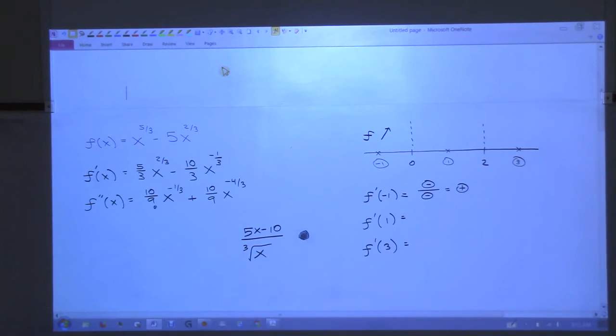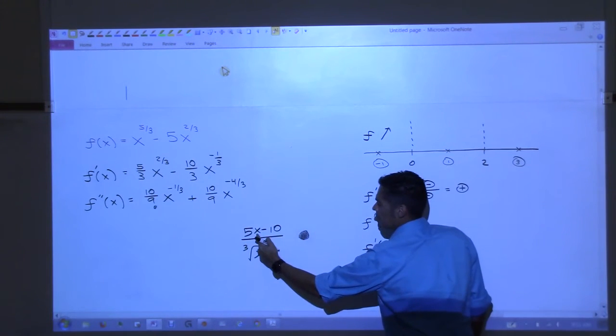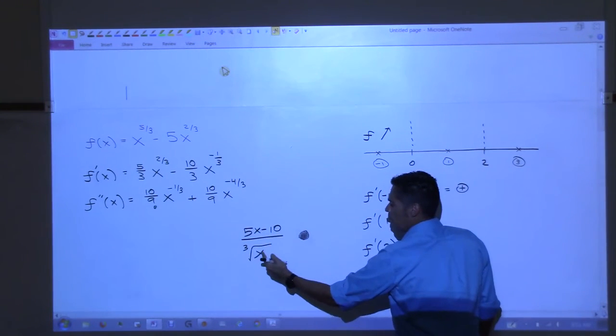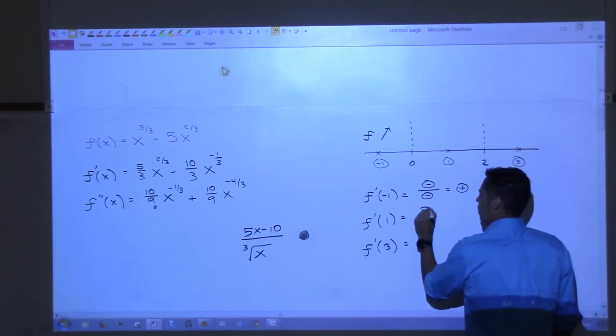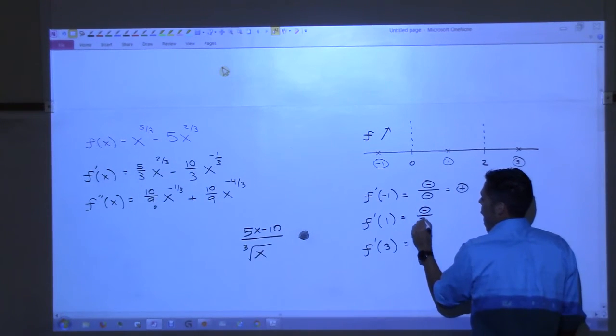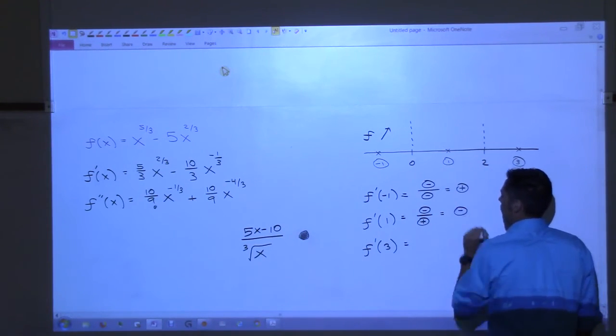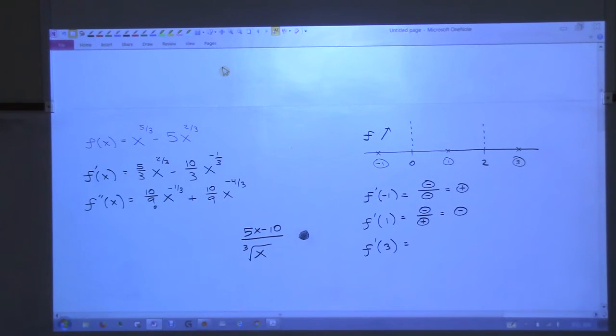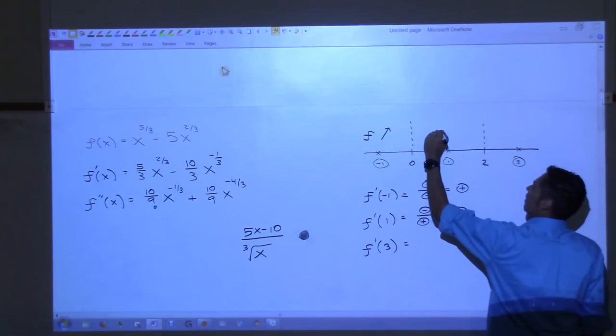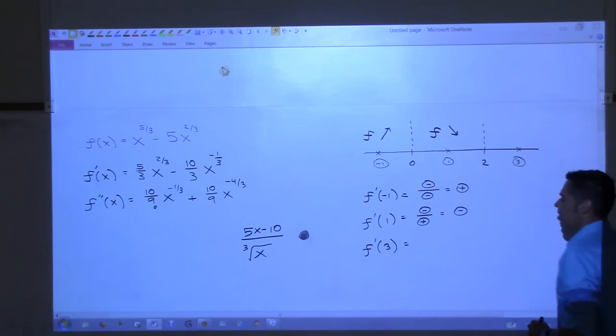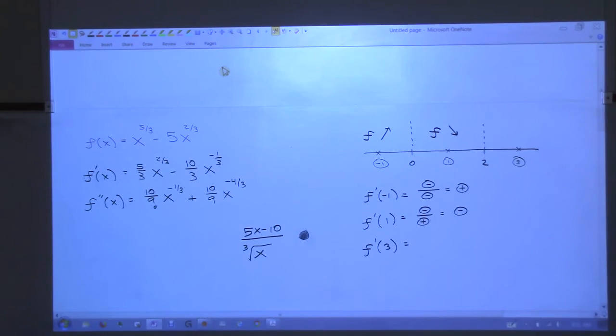All right? Now we plug 1 in. So 1 goes in here, get negative on top, 1 here. Cube root of 1 is just 1, so we get a negative. It's switching. That doesn't mean I can switch though, right? I can't just say increasing, but I'm pretty sure it will this time.